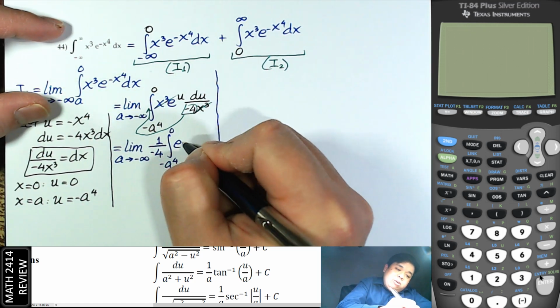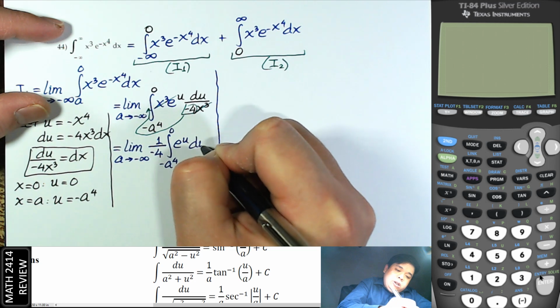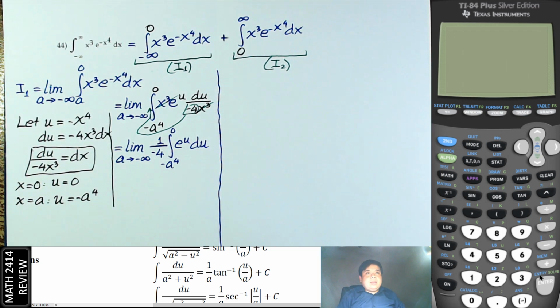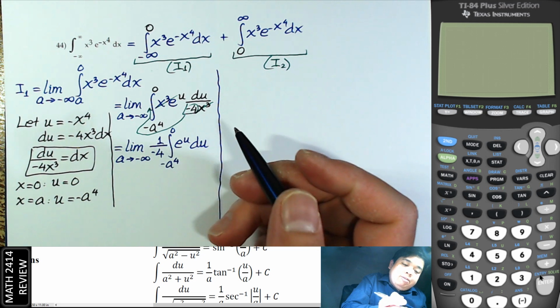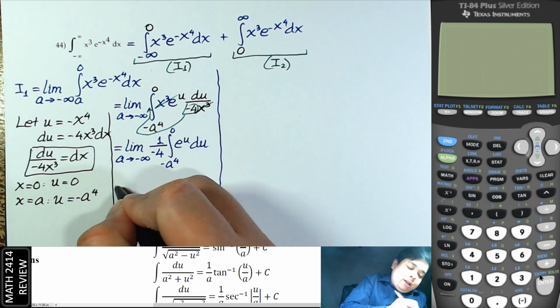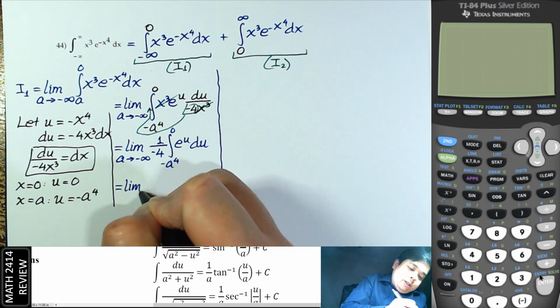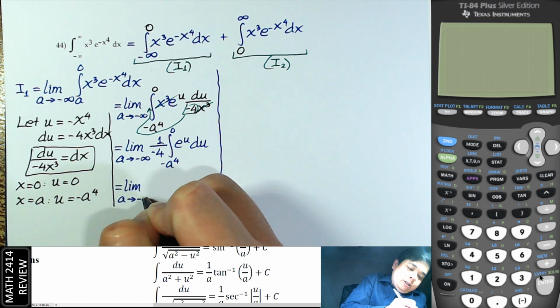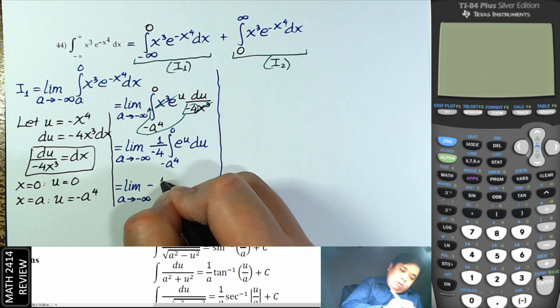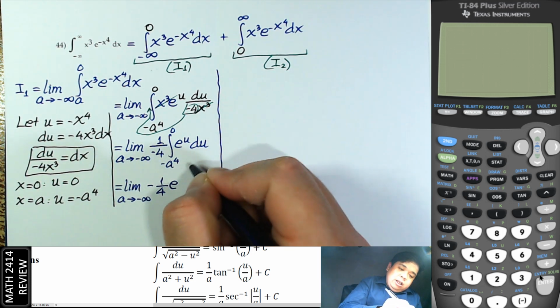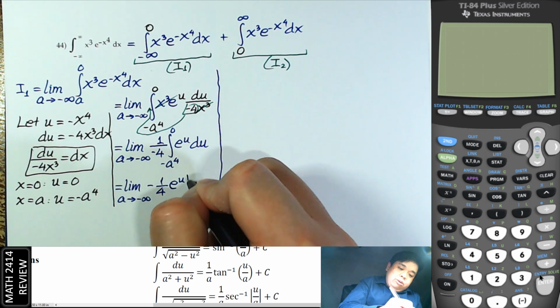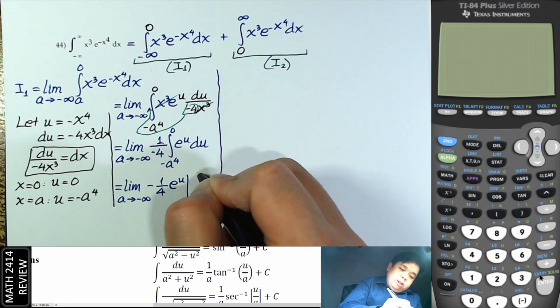We just have e to the u du. Negative 1 over 4 e to the u is still e to the u, from negative a to the fourth to 0.